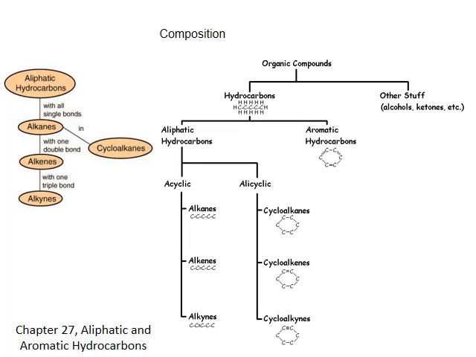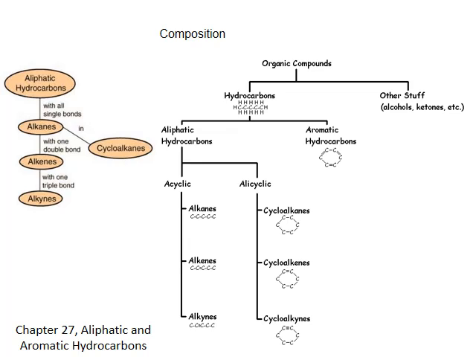This is a simpler flow chart perhaps to keep in mind and to categorize the different hydrocarbons. Particularly here we're looking at aliphatic hydrocarbons. And we see that those that have all single bonds would be considered alkanes. Those with one double bond would be alkenes. Those with one triple bond would be alkynes.